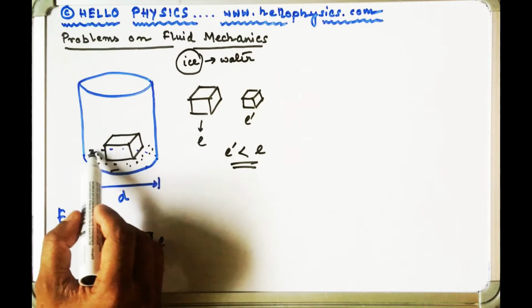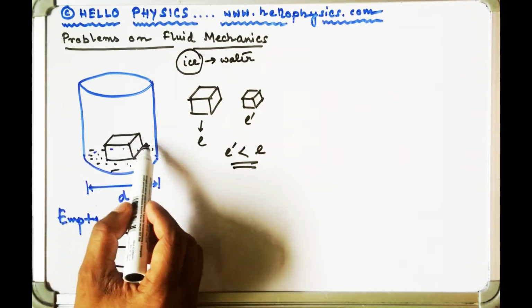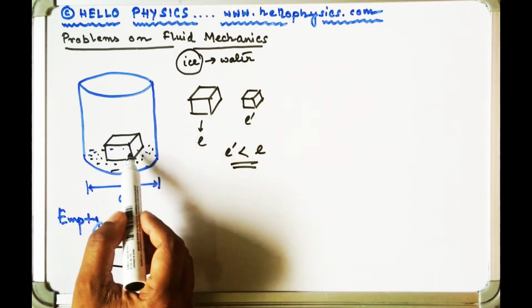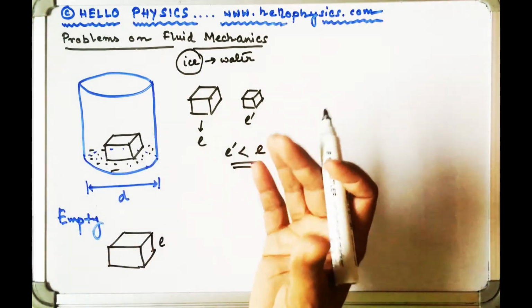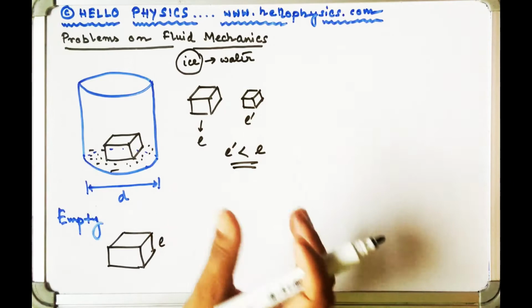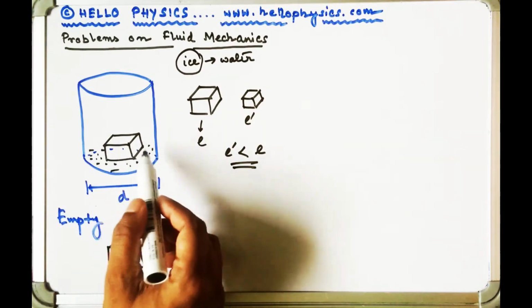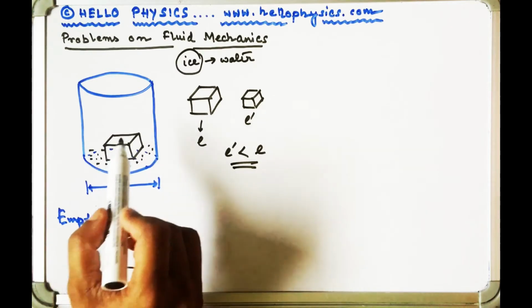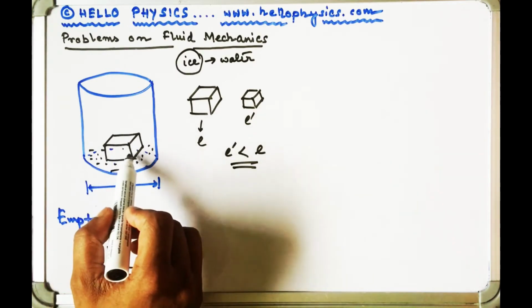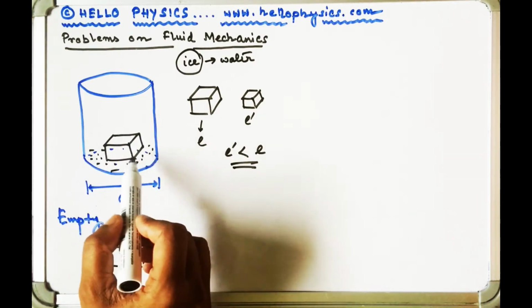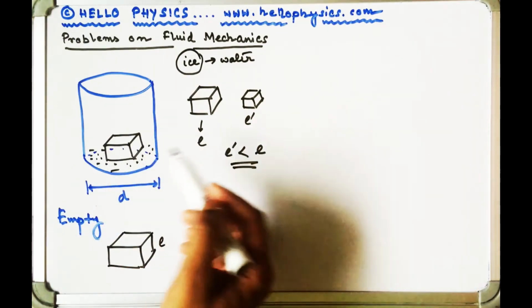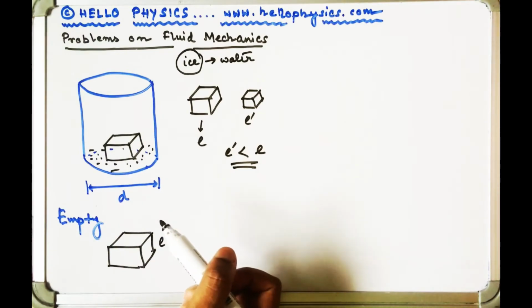Because the water is collecting inside the container, the ice cube comes in contact with the water, and the water would start producing a buoyant force onto the ice cube. Initially there was no buoyant force on the ice cube, but as the water collects, the ice cube becomes inside water and the water would provide a buoyant force.